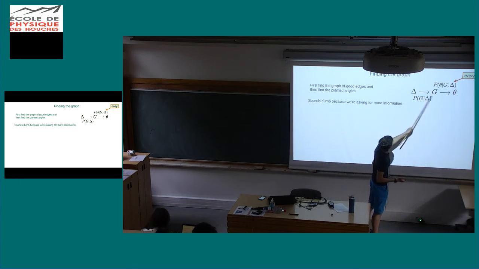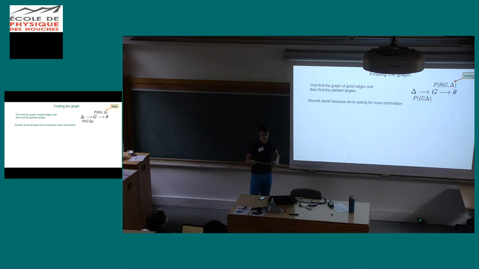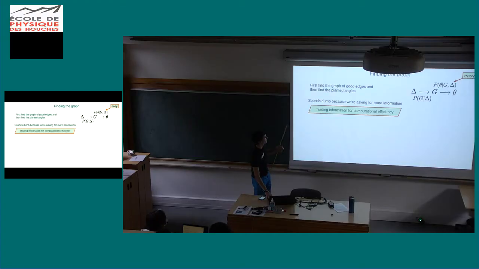So now the problem has become this one, basically. It doesn't sound like a good idea because we are asking for more than we want. We wanted just the angles, and now we are trying to break this problem into two and find a latent variable which we don't actually need. But the general theme is that of trading more information for computational efficiency.